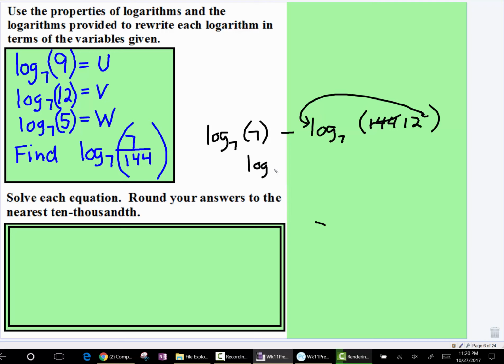So log base 7 of 7, subtract 2 times log base 7 of 12, and then we can do the math. Well, log base 7 of 7 cancels to 1. Subtract 2 times, well, the log base 7 of 12 is v. So your simplified answer is 1 subtract 2v.